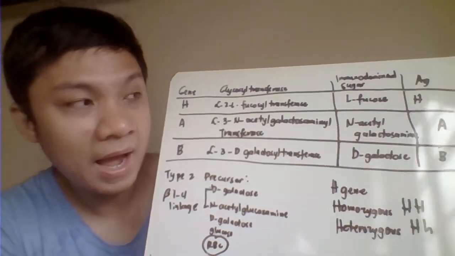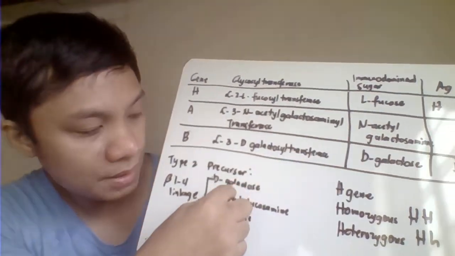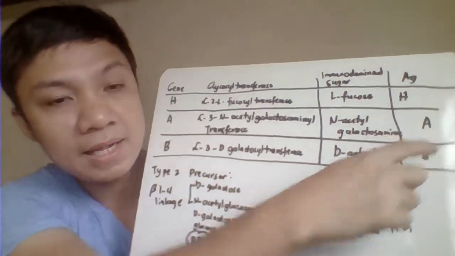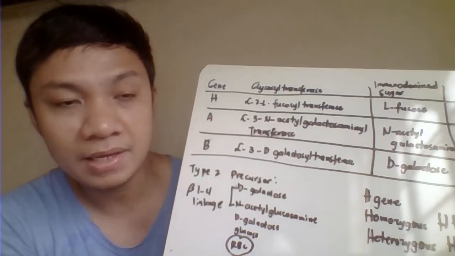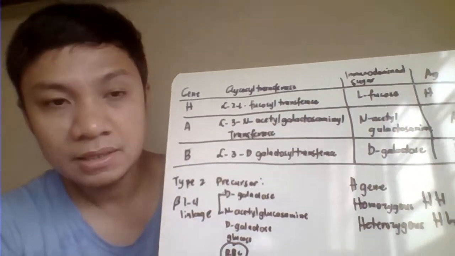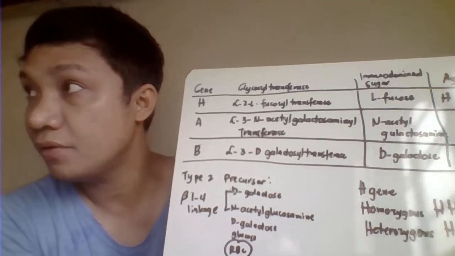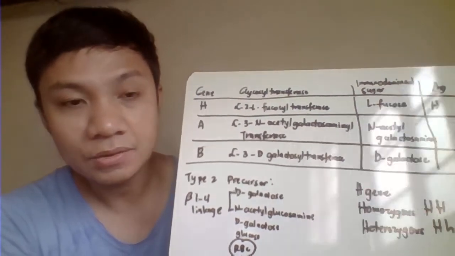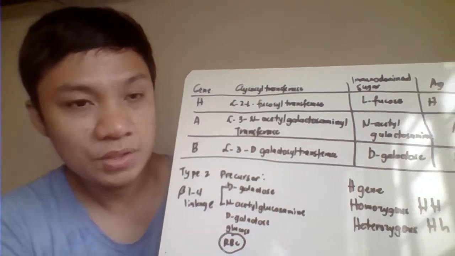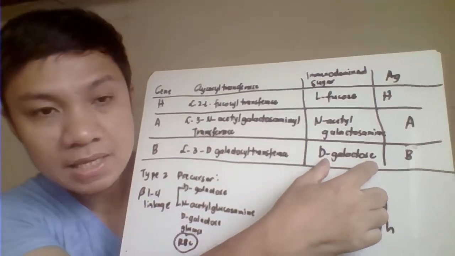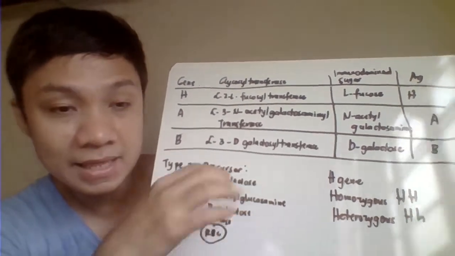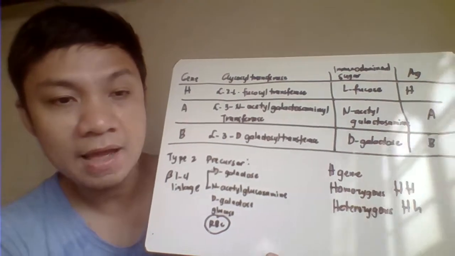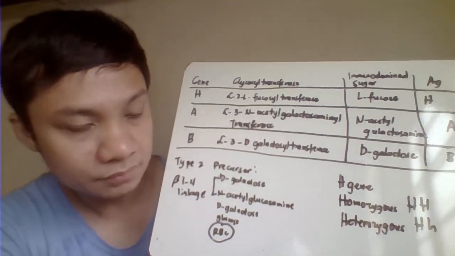We add N-acetylgalactosamine here so you can produce A antigen. For the type B, they have their B gene. It tries to code for the production of your enzyme galactosyl transferase. We transfer a D-galactose onto the last D-galactose, adding it so you can produce B antigen.